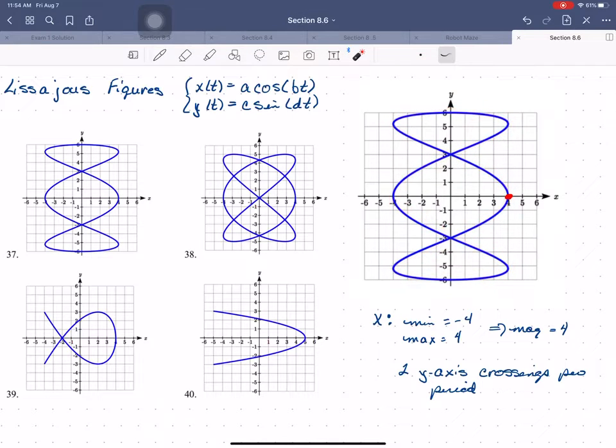Let's count that again. 1, 2, 3, 4, 5, 6. There we go. I knew I'd missed one. So there are 6 y-axis crossings in one full trace.